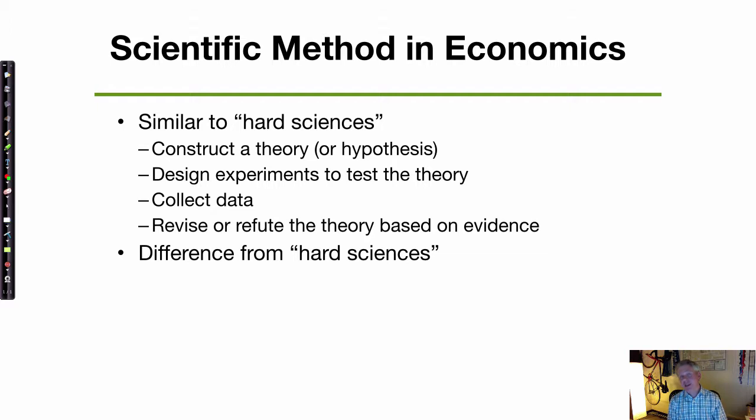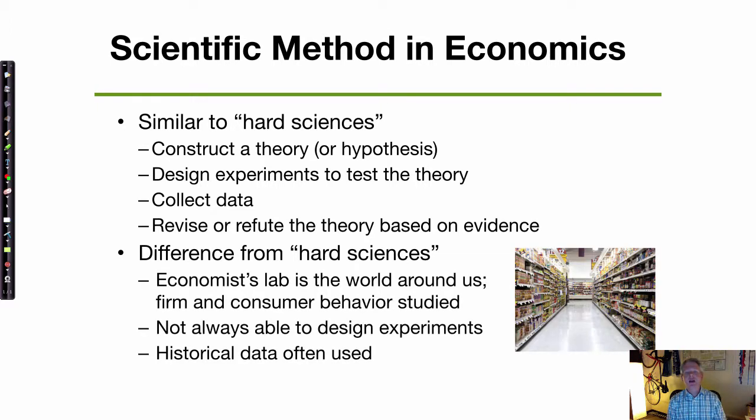What are some of the differences from the hard or natural sciences? Well, as an economist, it's rare that we can actually run controlled experiments. It's rare we get 2 petri dishes, and we swab our ears and we put it on the petri dish, and we come back a week later to see what's grown on the dish. And then we know that the only difference between the two is that we swabbed this one.